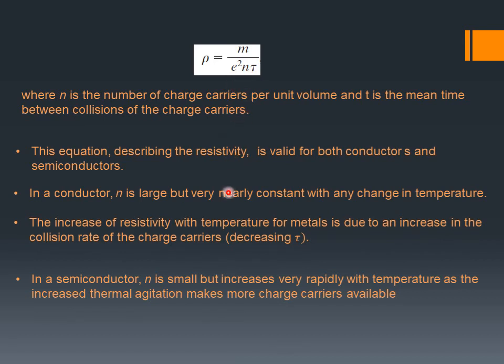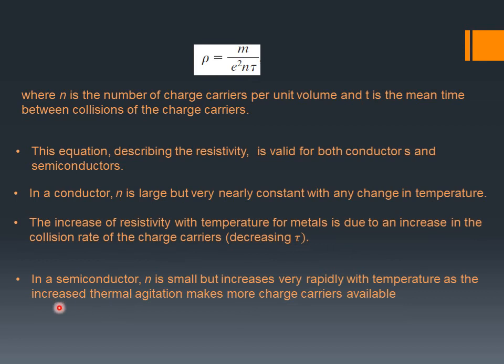But what happens in the case of semiconductors? In a semiconductor, n is small, because there are fewer electrons. But when you increase the temperature, n increases. It means more electrons are coming out of their respective atoms, and there are more conduction electrons.